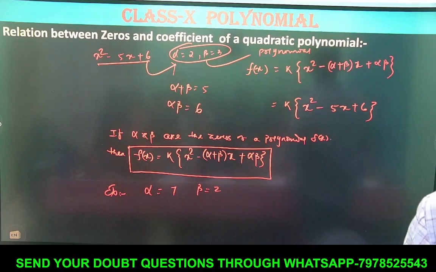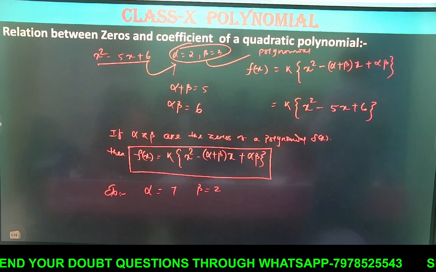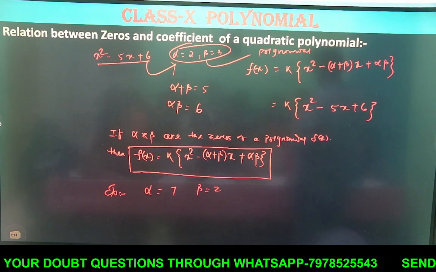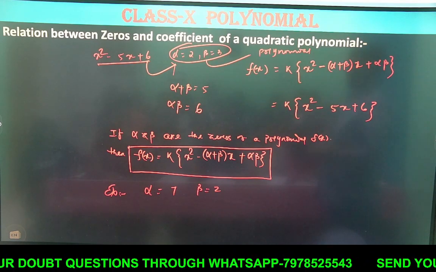Clear? How much you have got? Clear? Understood? Yeah, answer. Minus 9x plus 14. What is k?